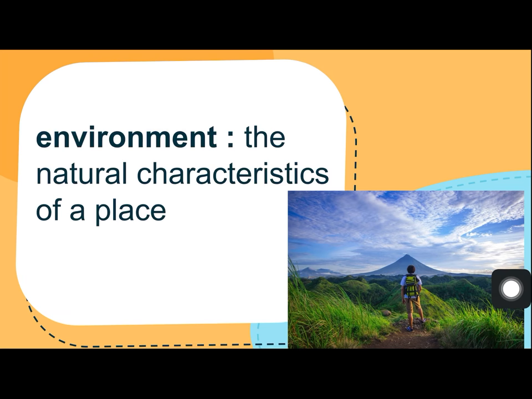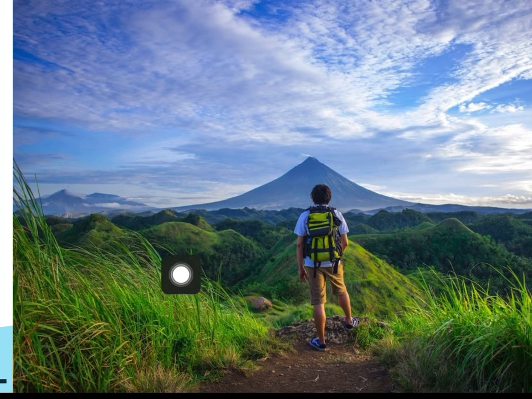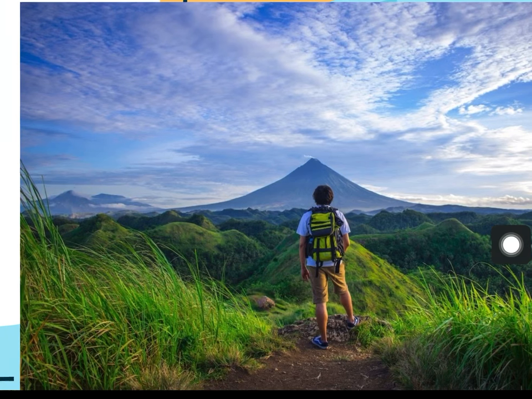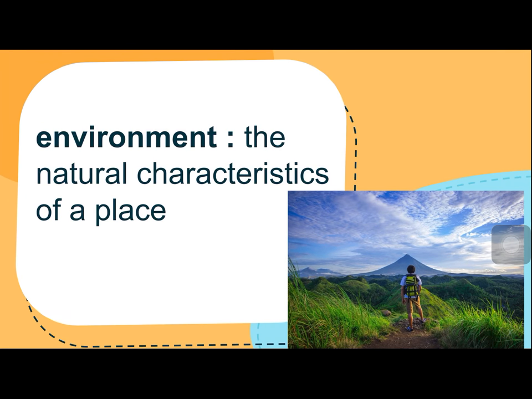And it looks like down here, if I zoom in, there we go, I see green hills in front of this person, and then way farther back, I see a very tall volcano in the background. You can even see some smoke coming out of the top of that volcano. So these different characteristics really help you understand what the environment looks like, because lots of different environments in our world may look different from one to the next.